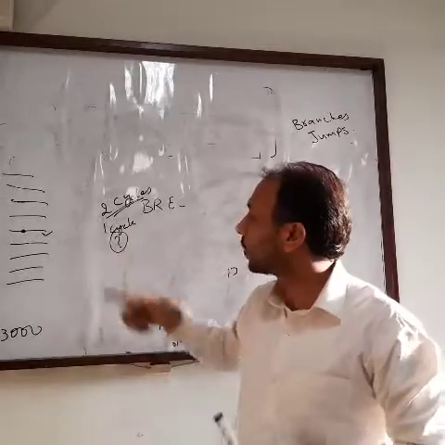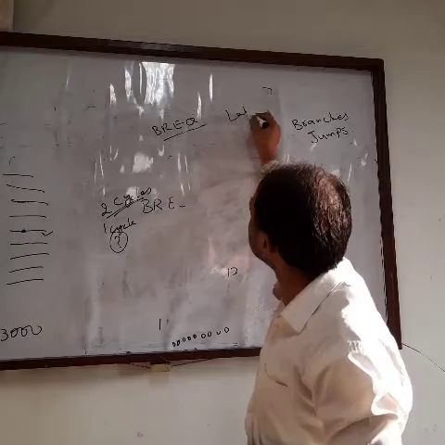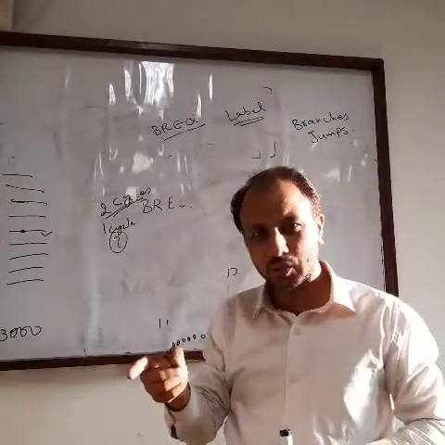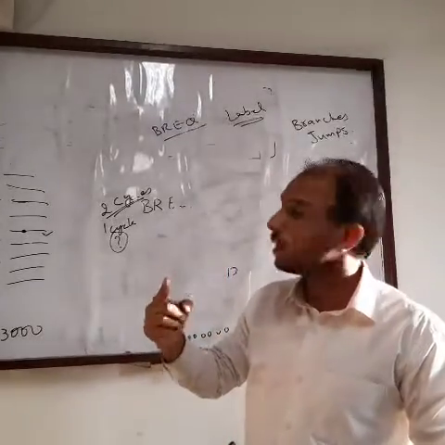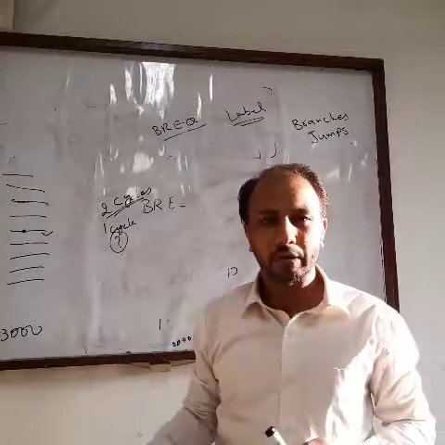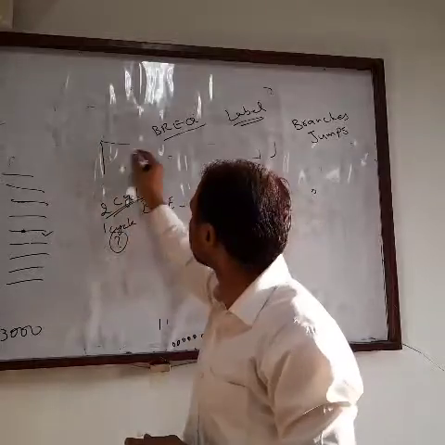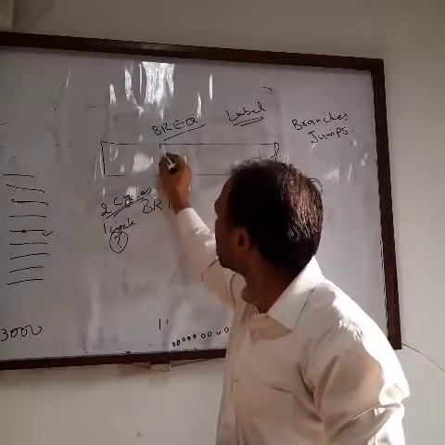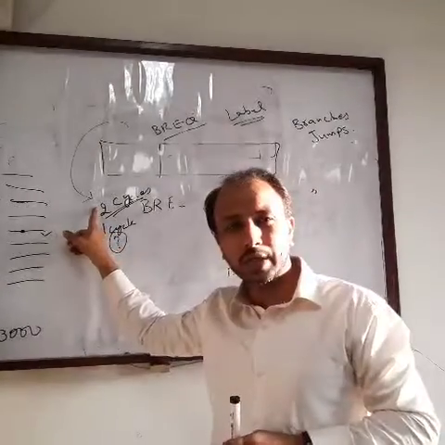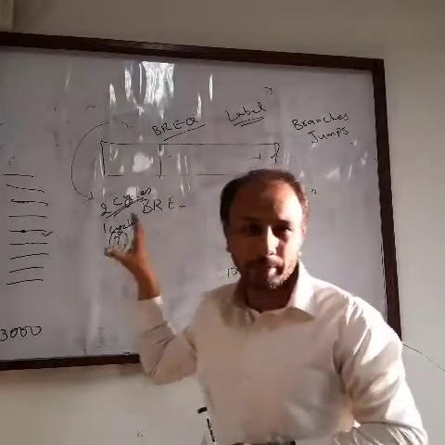For example, branch equal label will take the branch when our result is 0 or our Z flag is 1, then it will take the jump. But how long a jump can be taken, this is your task. When you look at its instruction format, you can find these 2 things: whether it takes 2 cycles or 1 cycle, and secondly how big a jump it will take.